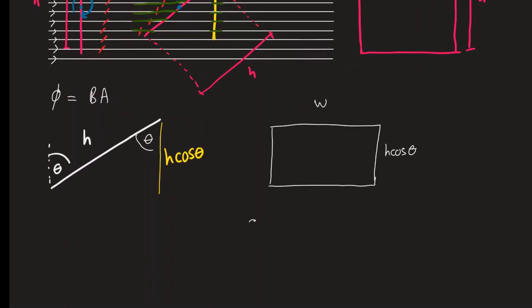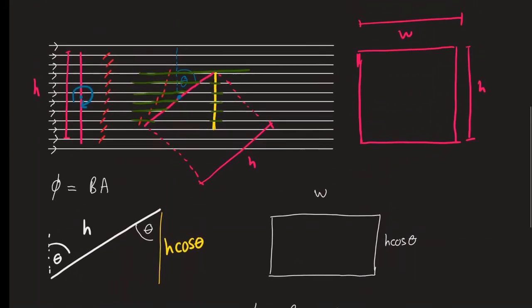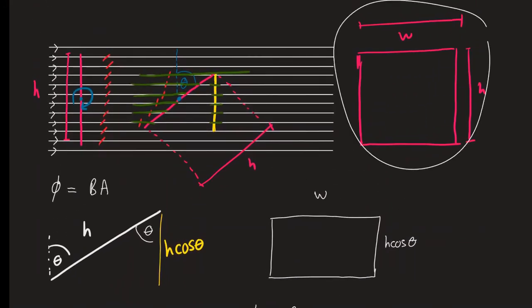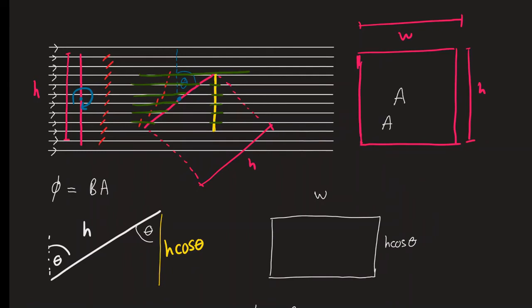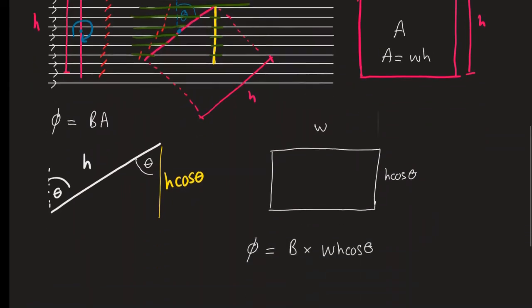If we refer back to phi equals BA, the magnetic field strength hasn't changed, so we can still write B for the field strength. But the area has. The area is now w h cos theta. If we look back at this loop here, we'll say that the area of this is A. So we're saying that A equals wh.